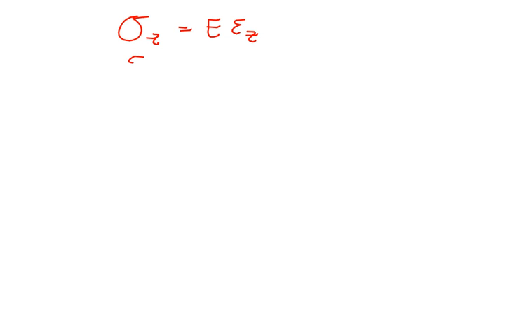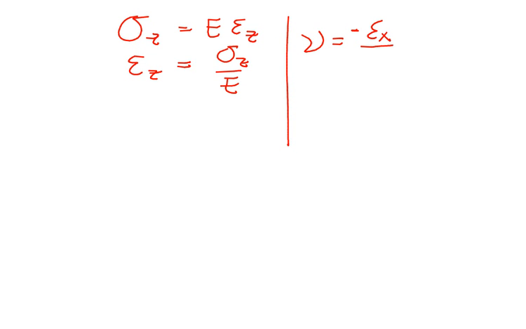Solving for epsilon z is equal to sigma z over E. Applying Poisson's ratio, nu is equal to negative epsilon x over epsilon z, or also equal to negative epsilon y over epsilon z.